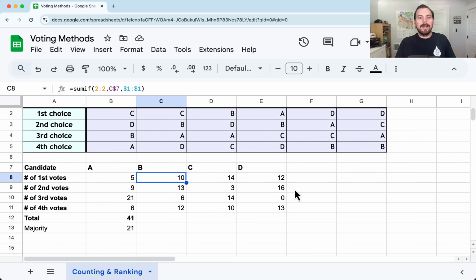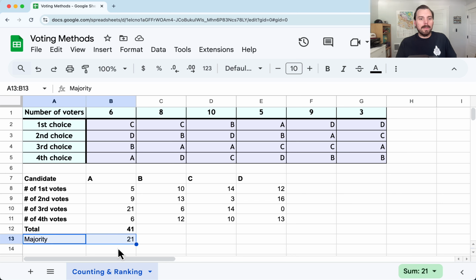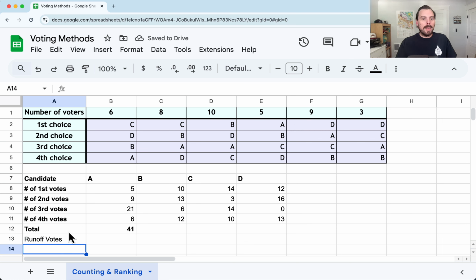Now, there isn't necessarily one specific or best way to arrange this if you are going to do instant runoff voting. What I would recommend is adding a row here for runoff votes and total votes. Now this would be per candidate, so this total may not be useful anymore.